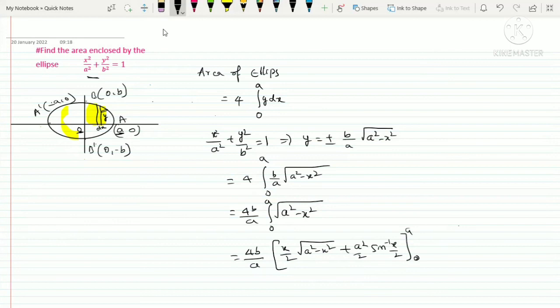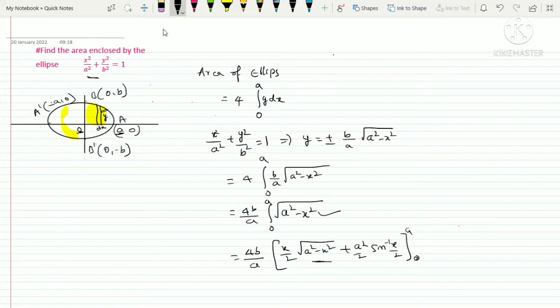Be careful, this is the only formula you should remember: the integration of root a square minus x square is equal to x by 2 root a square minus x square plus a square by 2 into sine inverse x by a. Limit from 0 to a.